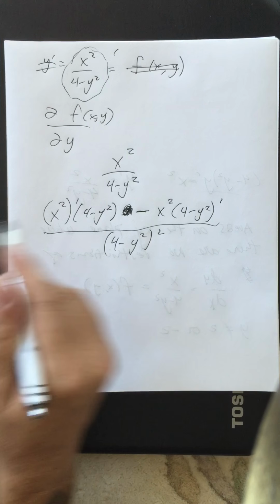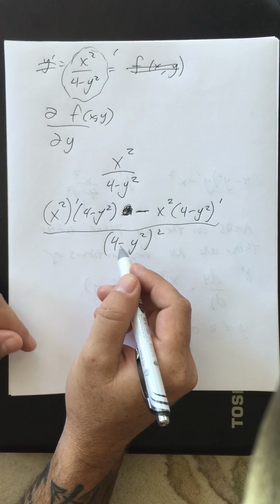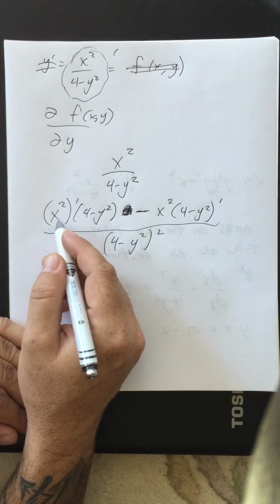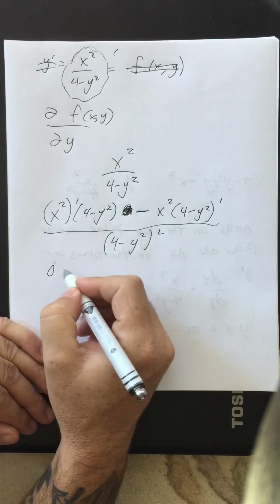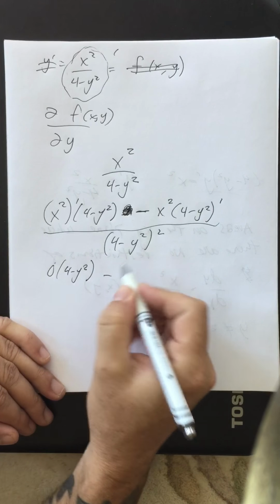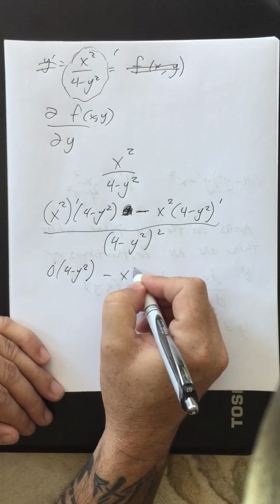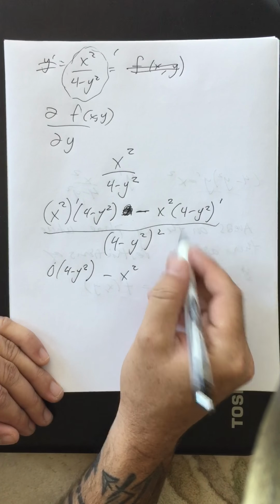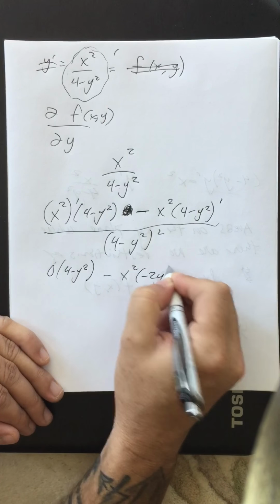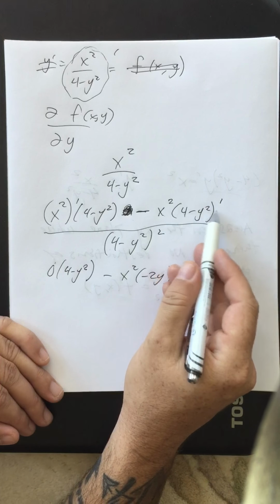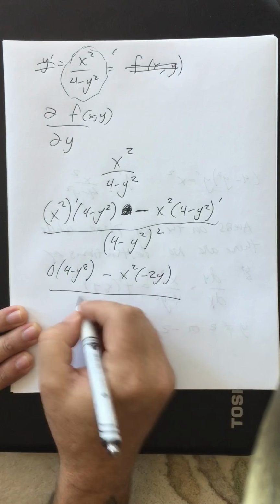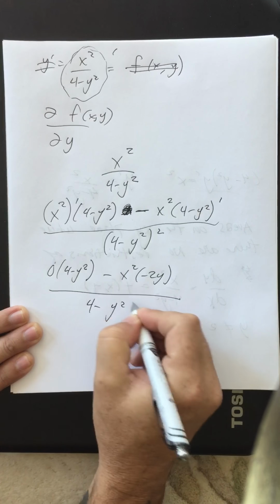Right? So what's the derivative of a constant? This is the same as like 8 or 2. The derivative of a constant is 0. So it's going to be 0 times 4 minus y squared, minus x squared times the derivative of this. What's the derivative of this? Negative 2y. So that's 0, minus x squared times negative 2y, over 4 minus y squared, squared.